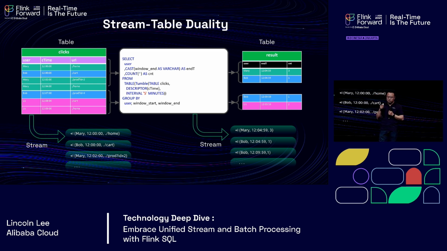Then this aggregation will take this input to evaluate the new result and generate a new updating table. This will also generate a new changelog stream. This is the first concept of Flink SQL.